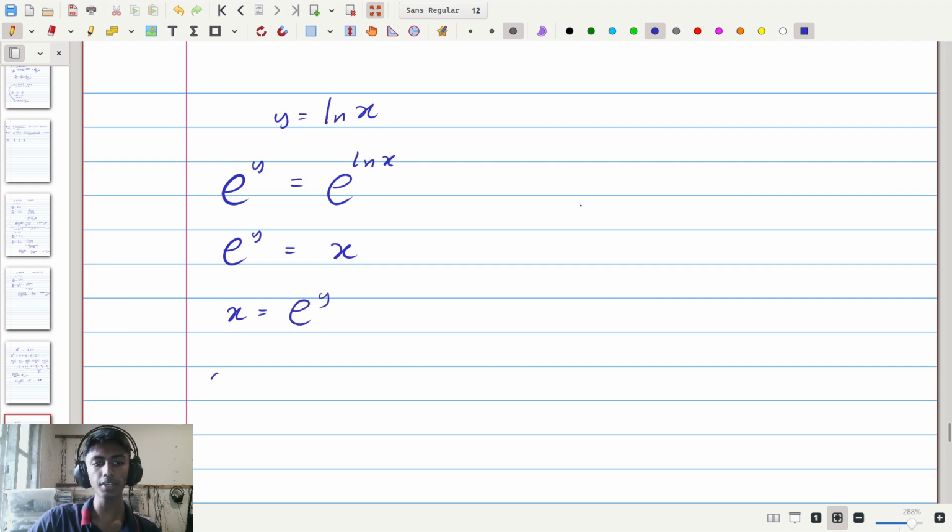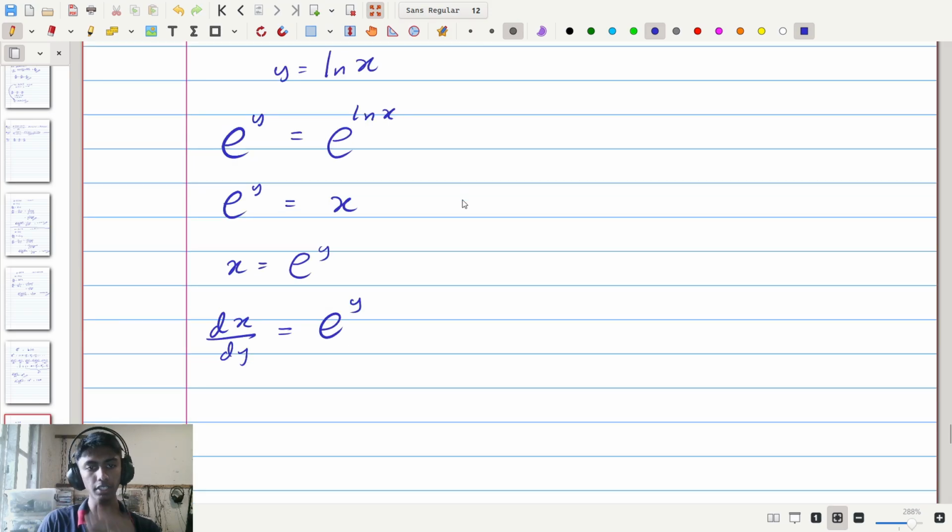Now taking dx by dy, since here we have e to the power of y and we found that e to the power of something is itself the same exact function, the derivative of e to the power of y with respect to y is going to be e to the power of y. So now here we can see dx by dy is e to the power of y. Using our rule from earlier, we can see that now dy by dx must be 1 divided by this. So dy by dx must be 1 divided by e to the power of y.